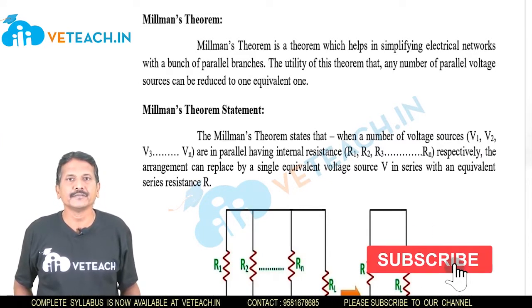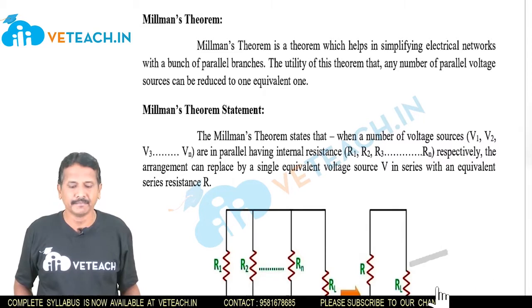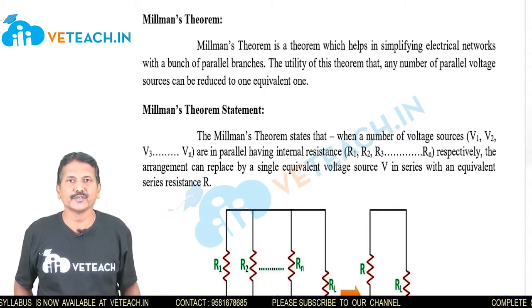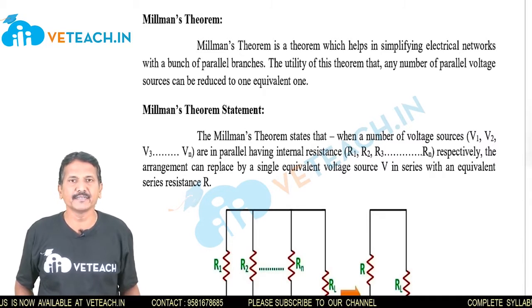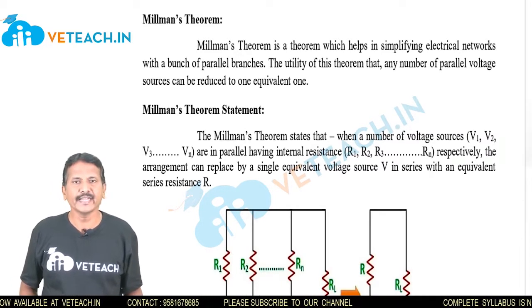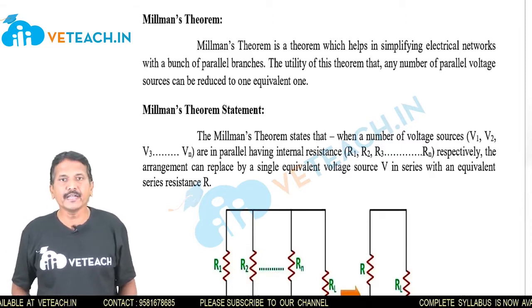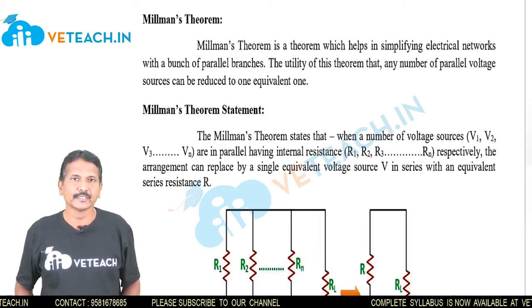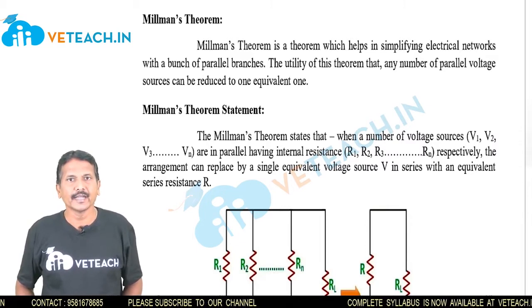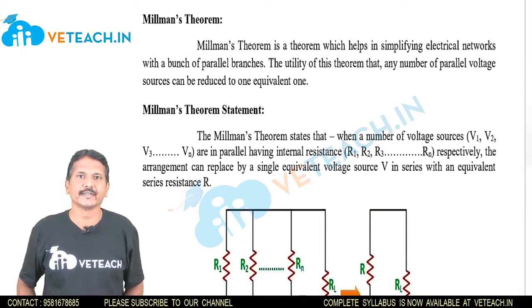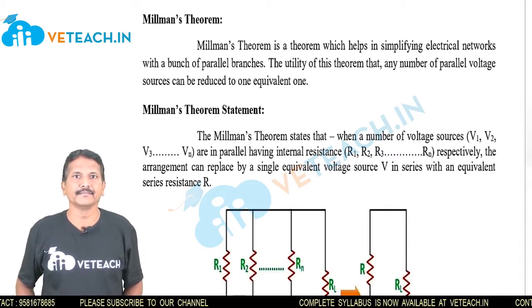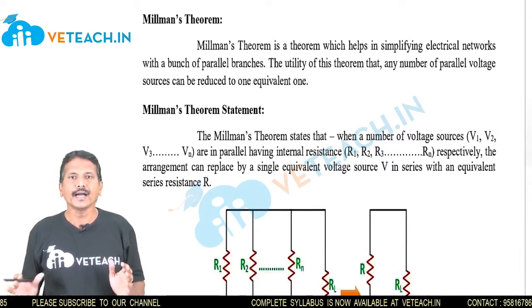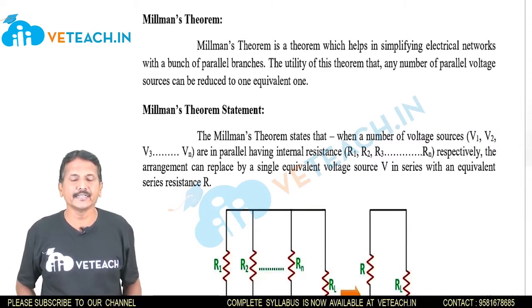In this video, I will explain Millman's theorem. Millman is the person who gave this theorem, that's why we call it Millman's theorem. In this theorem, we have n number of voltage sources in series with a resistance, and all these networks are connected in parallel.